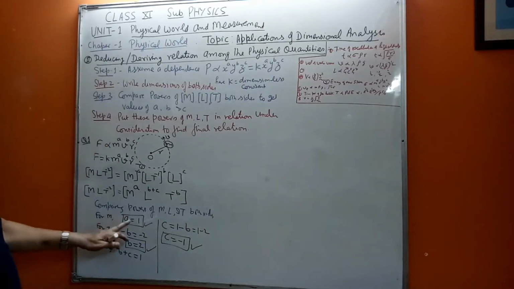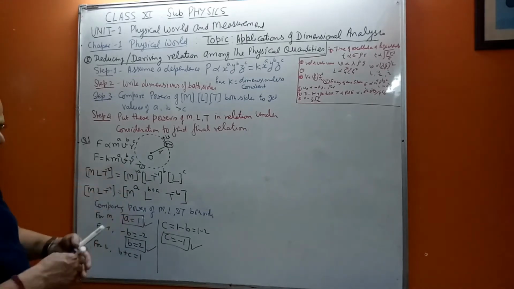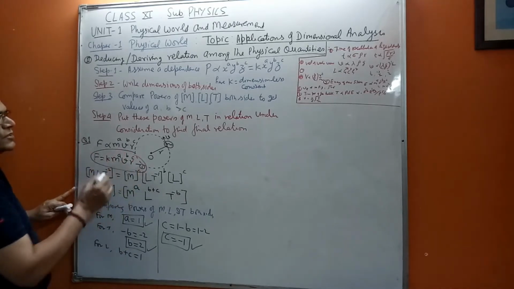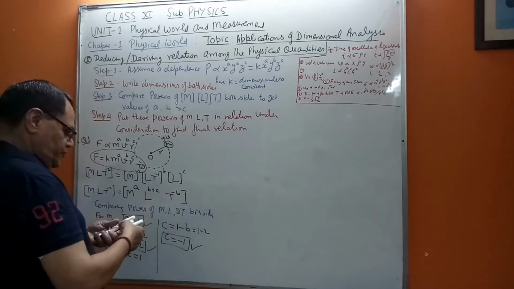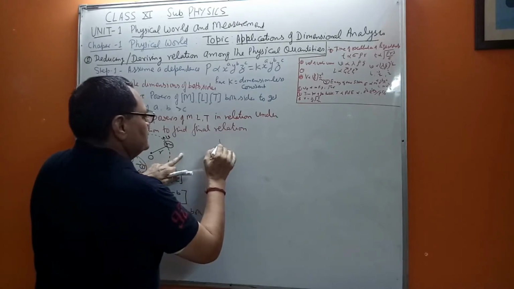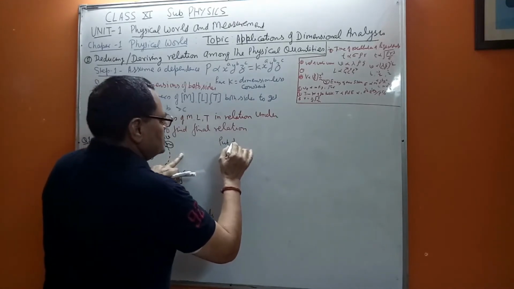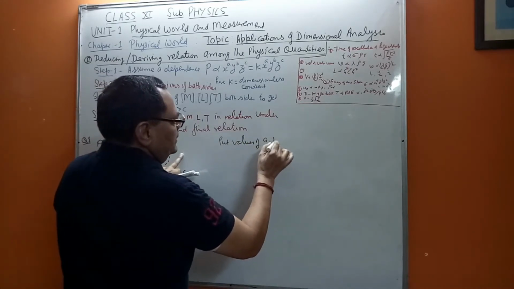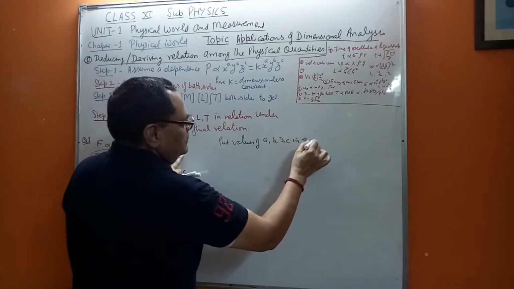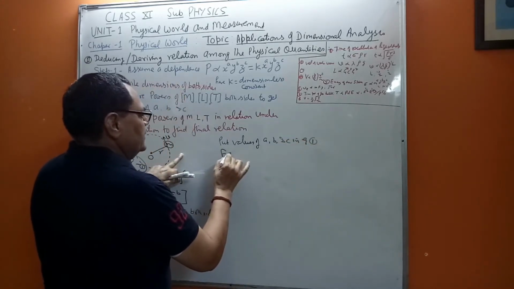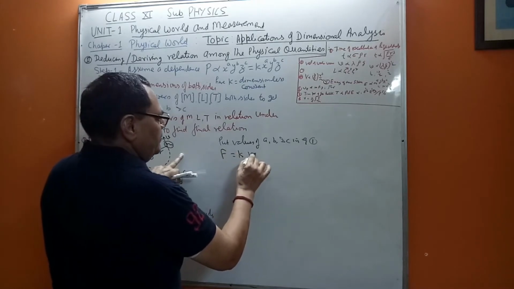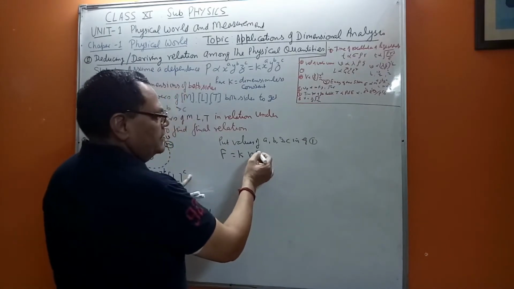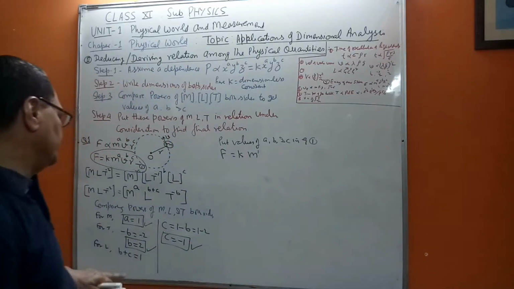Then we will substitute these powers in the assumed relation 1. Clear? So we put or substitute the values of a, b and c in equation 1. We will get F is equal to K M raised to power a. a is 1, so generally we don't write 1, we can simply remove it.